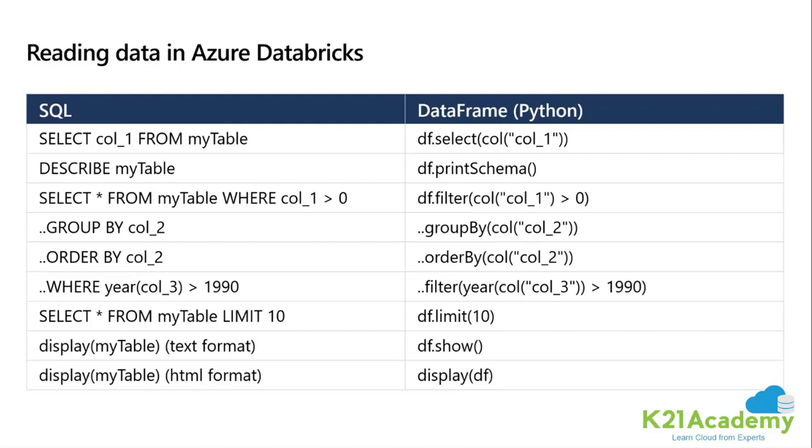Group by and order by also have equivalent functions in Python DataFrames. A where statement, where column is greater than 1990, is equal to filter on the year column. So you can say the same thing exists in different languages. We can also display things in text and HTML format as well.